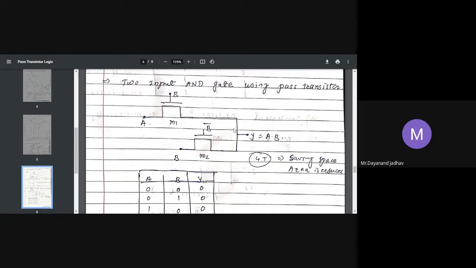A is 0, B is 1, but here B bar is 0. When we consider B equal to 1, B bar is 0. Therefore, only A passes, the other acts as an open switch. Therefore, Y is equal to 0 again.